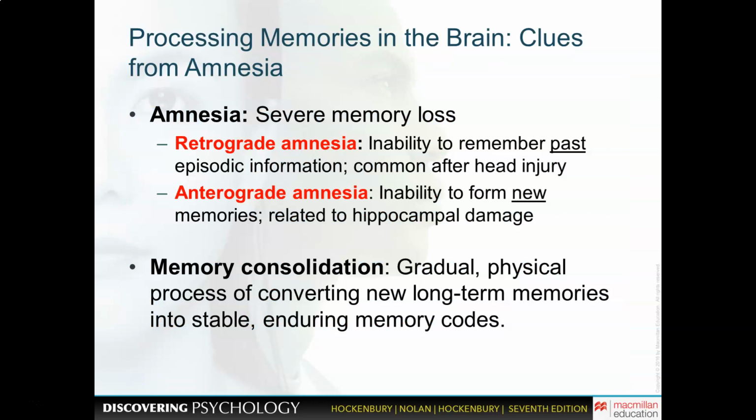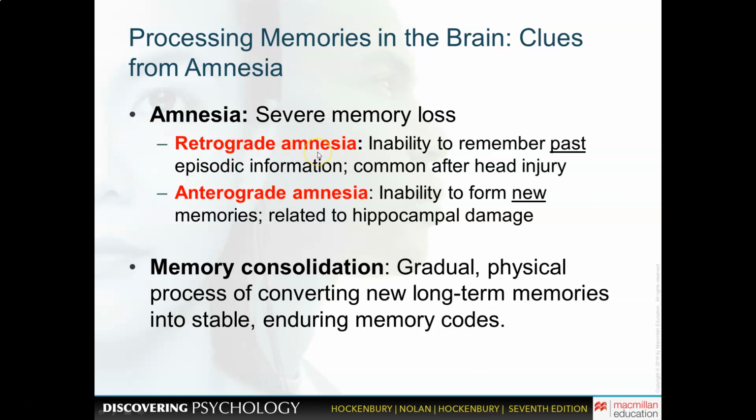All right, another type of forgetting here is what's known as amnesia. There are a couple different types here. Amnesia is basically severe memory loss. Okay, and there are two types of amnesia.